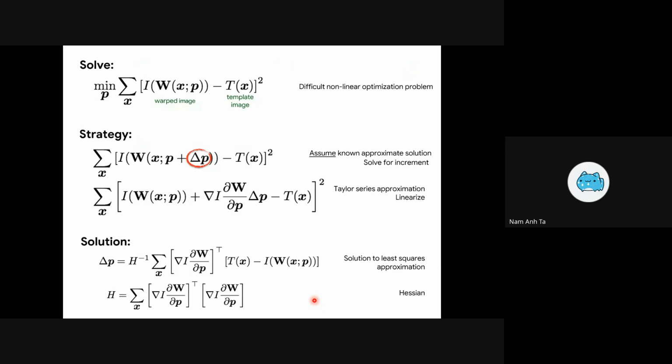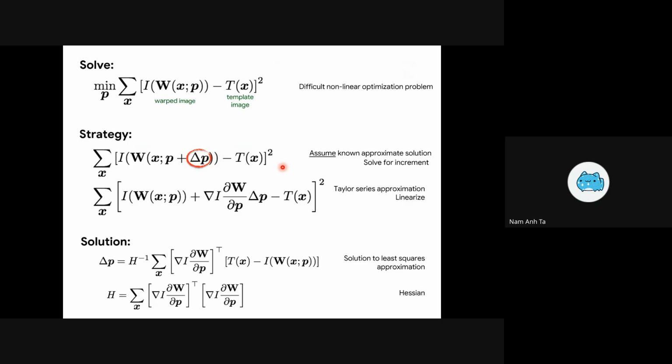So we have all of these things. What does this equation actually mean? We want to find the parameter p right here that makes the warped image as close as possible to the template image, T(x). Since a direct nonlinear search is hard, we assume that we have a decent initial guess for p, and look for a similar increment delta p.